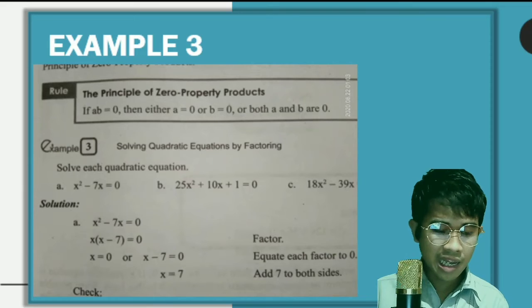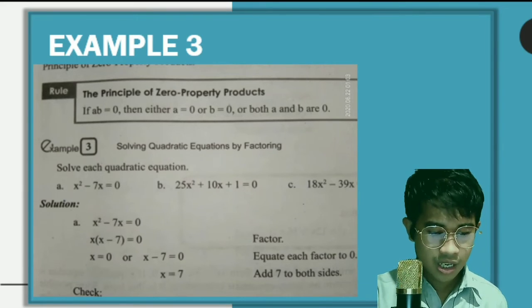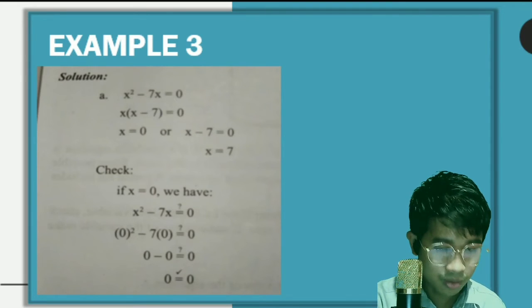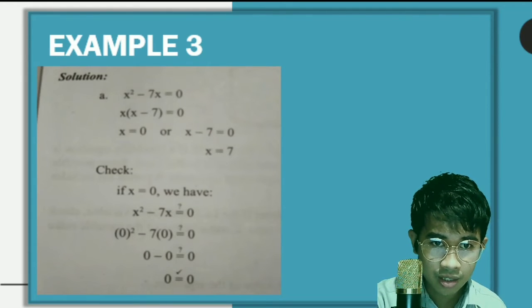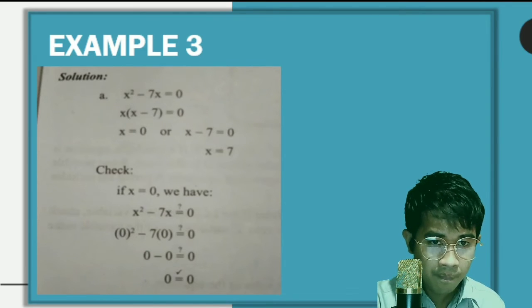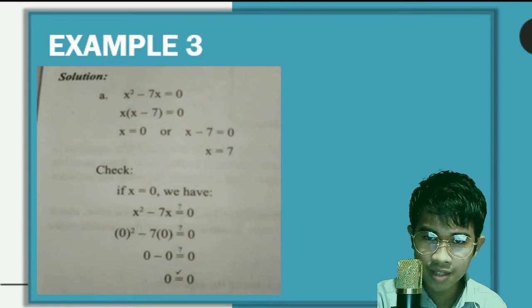So, amo na ang aton solution sa letter A. So, i-check naton ang aton nga solution if it is correct. Ara sa aton book ang checking. Sa pag-check, di ba, ang aton answer x equal to 0 and x equal to negative 7.